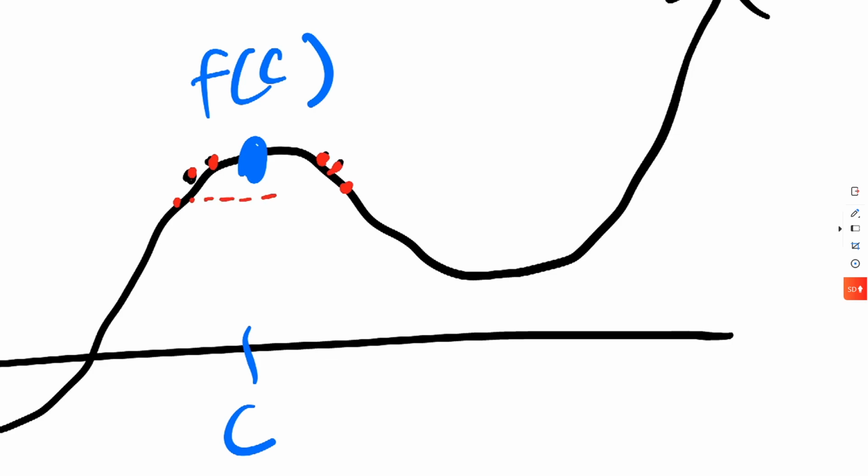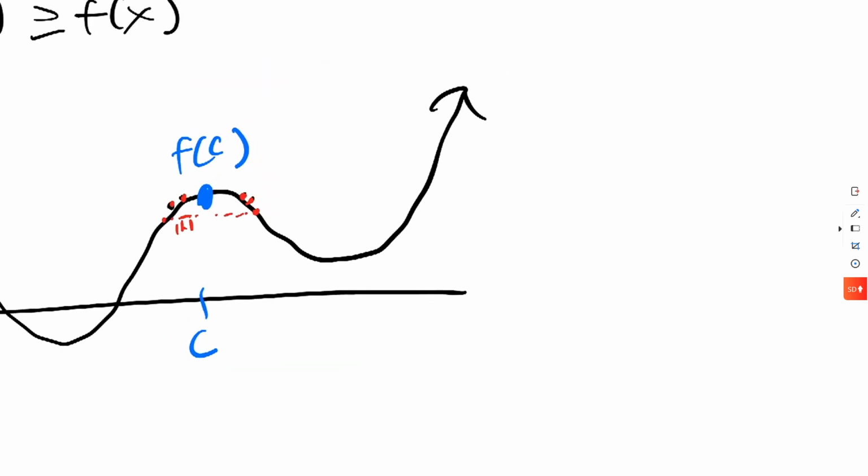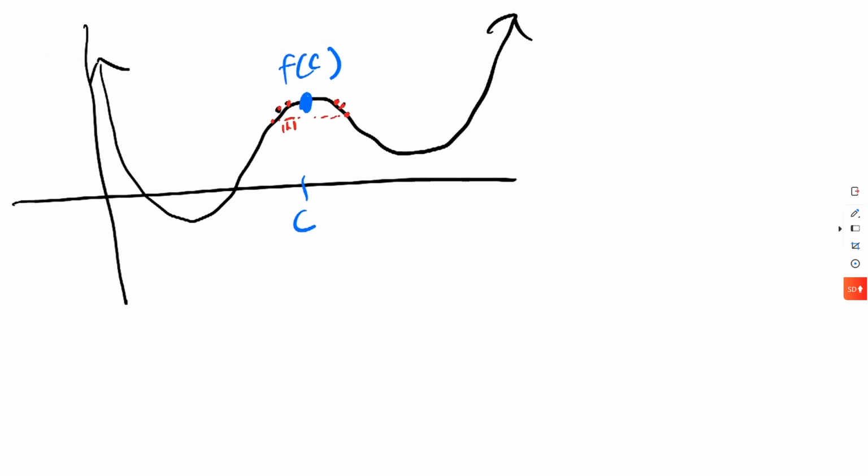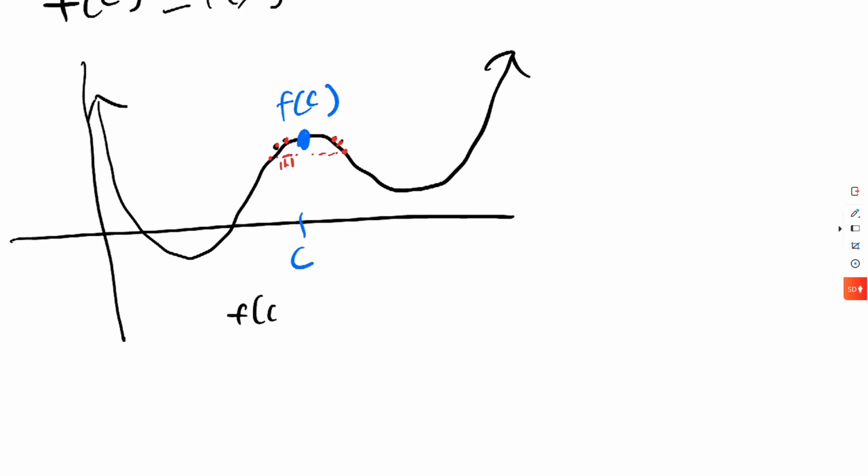And so we're going to call this h. These points, like distances away, you can say maybe absolute h. And what we're really intuitively saying here is that f of c is greater than or equal to f of c plus this h, this distance away, because these are all relatively close, right?